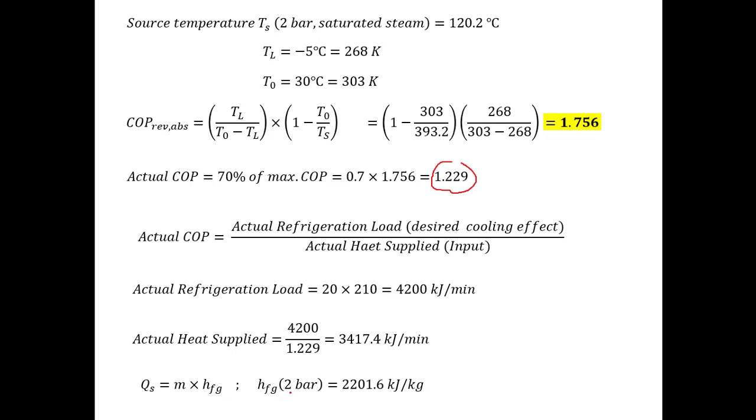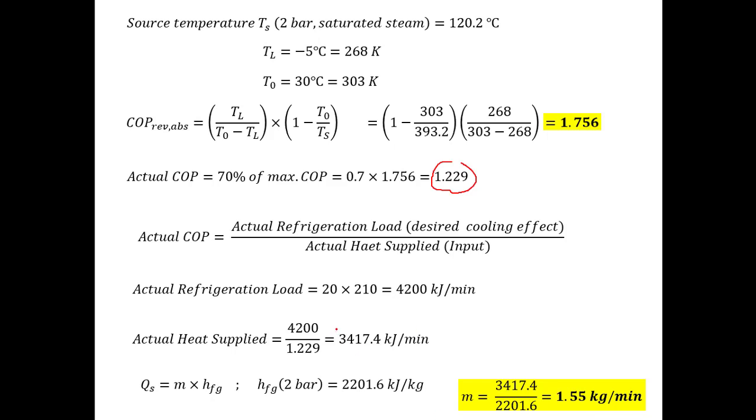We know hfg at 2 bar from the steam table, and that steam is saturated steam. So we know Qs, we know hfg, and now we can calculate the mass flow rate of the steam, which is equal to 1.55 kg per minute. That means about 1.5 kg of steam is required per minute in order to produce this cooling.